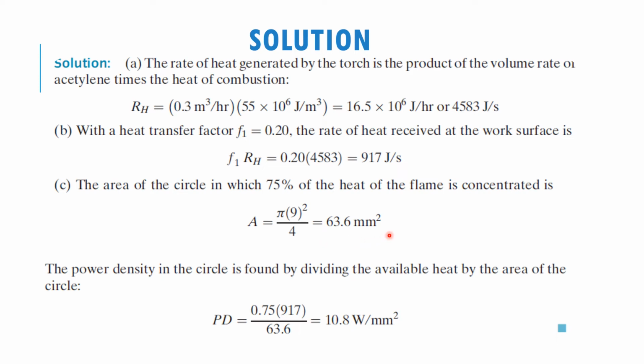Then if you remember the equation for the power density, P over A, P is equal to 0.75, because 75% of the heat is concentrated in this area, times 917 joule per second, which is the rate of heat received by the work surface, and then divide by the area. Then you will get the power density around 10.8 watt per mm squared.